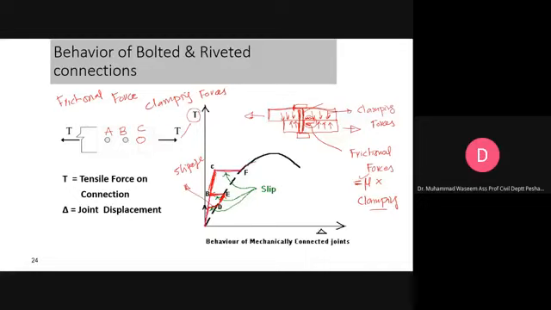पहले क्या होता है कि frictional force is exhausted, the fastener becomes, or it engages with the plate, and this connection becomes a bearing type connection. Once the load is resisted by frictional force, we call such connection slip critical connection.